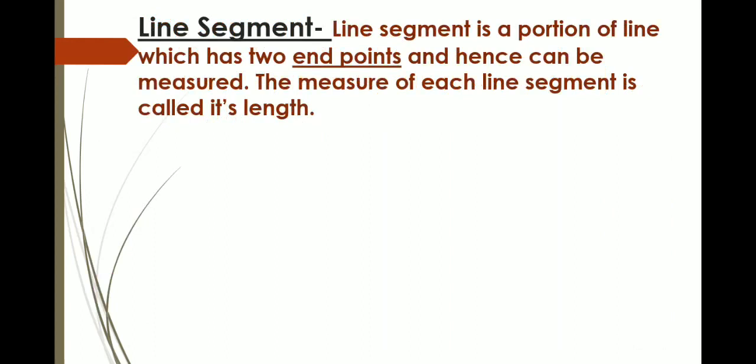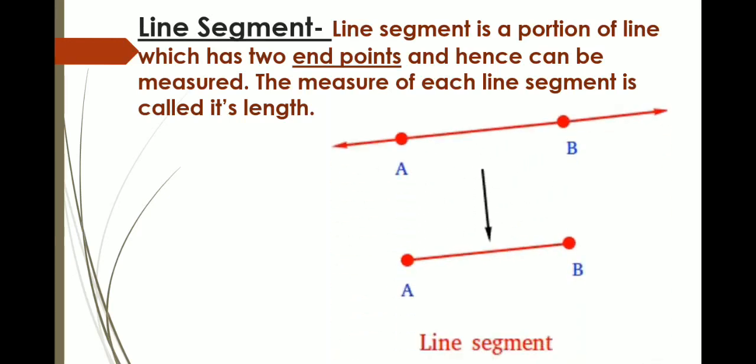Line segment. A line segment is a portion of a line which has two endpoints and hence can be measured. The measure of each line segment is called its length. Here you can see in the figure, AB is a line segment and A and B are its two endpoints.